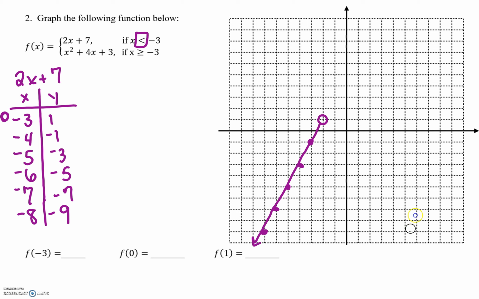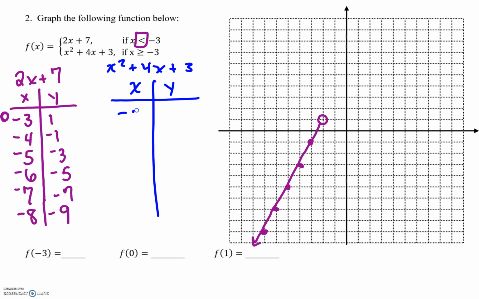So now let's look at the second component. We have x squared plus 4x plus 3, and we are graphing that quadratic when x is greater than or equal to -3. So I'm just going to put a closed circle next to that point, knowing that I have to use a closed circle because of this symbol right here. With a line underneath, we fill in the circle because it's included.